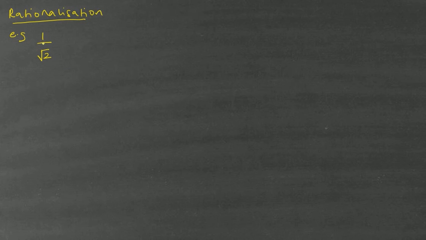So in this case, this one is a bit simple. What you do is multiply by this surd in the numerator and in the denominator. When we do this, it gives us 1 times root 2, which remains root 2, over this one. If we go backwards, remember the earlier rule: square root of a times b is equal to square root of a times square root of b.